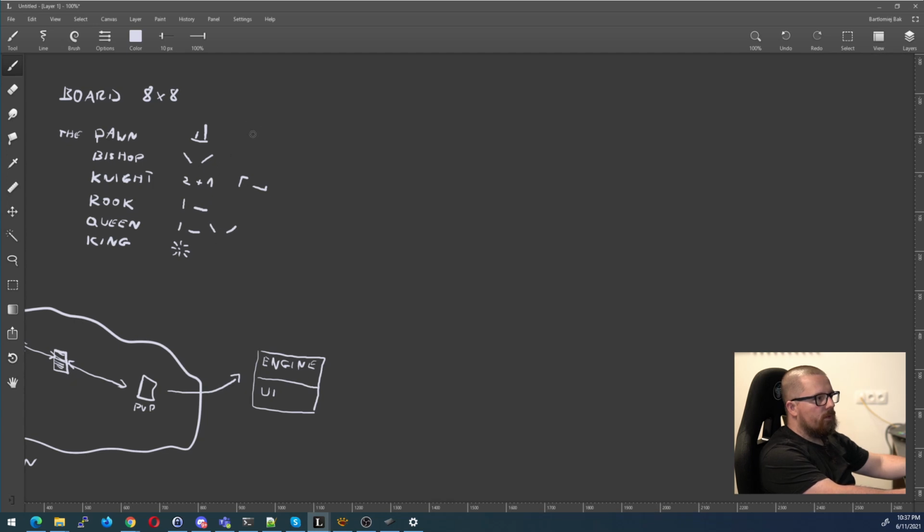But the pawn can attack, let's call this attack, starting from this one, only in a V shape. So it cannot move back and cannot attack straight. This is the exception here.